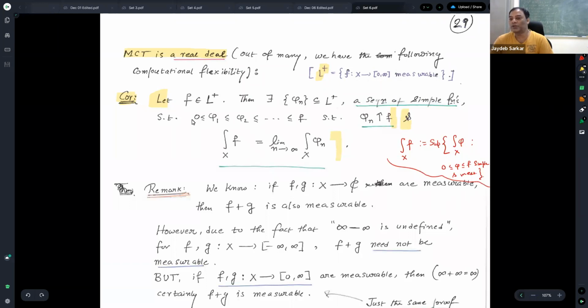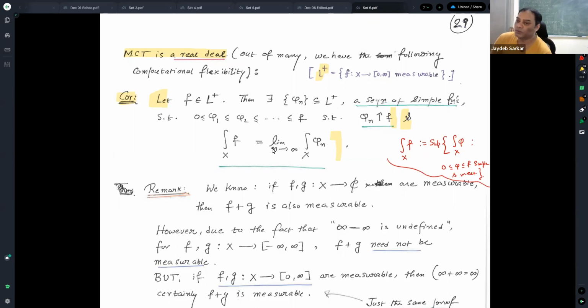You just procure this monotonically increasing sequence of simple functions, which we did in principle, right? Remember that the sequence phi n was quite explicit for given f. So you look at that, and instead of taking the supremum, you just take the limit, and that's going to be the value of your integration. So I hope you understand.